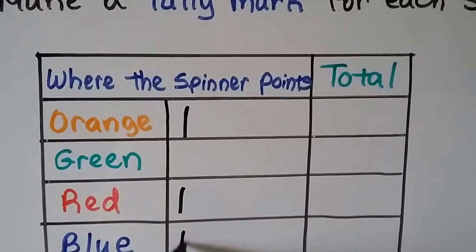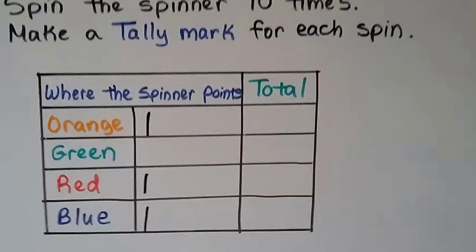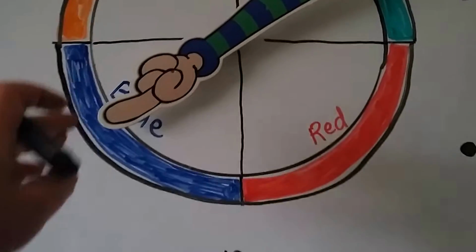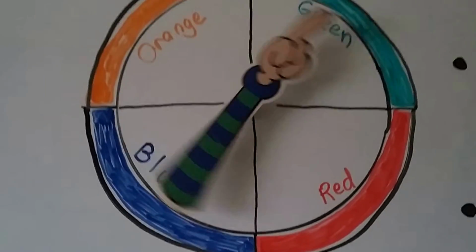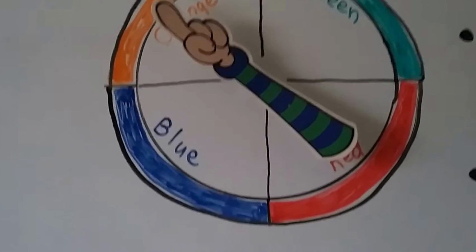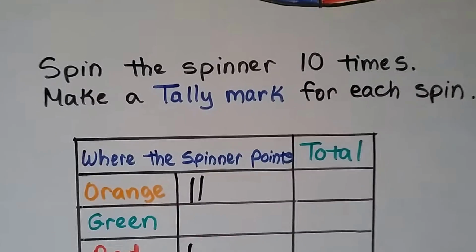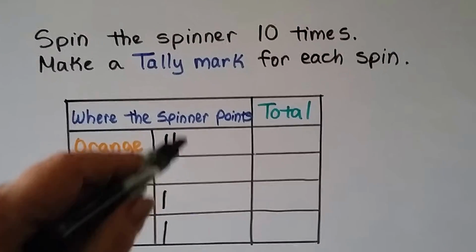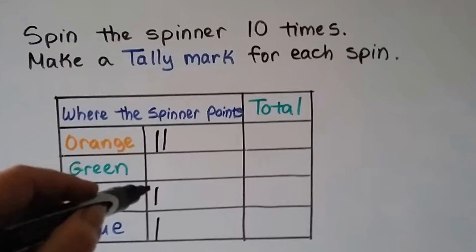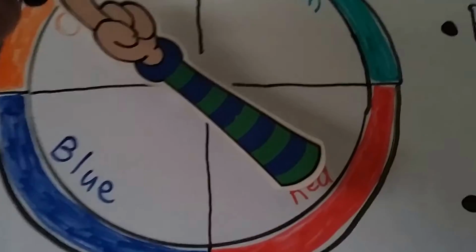We got a blue. That's spin number 3. Let's do it again. Orange. Spin number 4 was an orange. Okay, so far we've got 4 spins. We need 10, so we need to do it again for number 5.